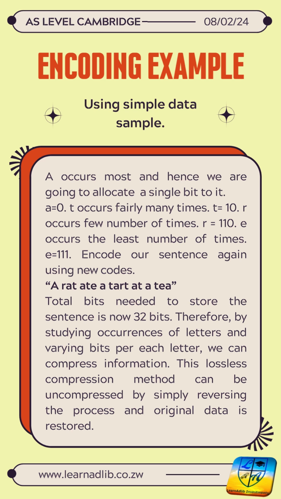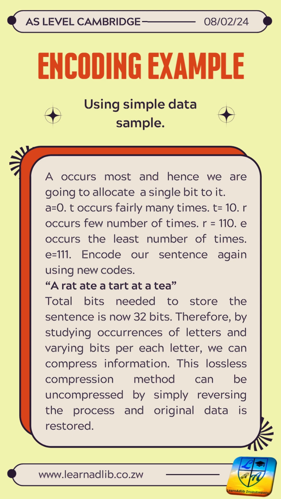So for A, let us allocate 1 bit, which is 0. Then T, because A occurs the most, T occurs fairly many times. So we say T is now 10. Then R occurs fewer times. We now give 3 bits to R, which is 110. Then E occurs very few times. We now give E 3 bits.